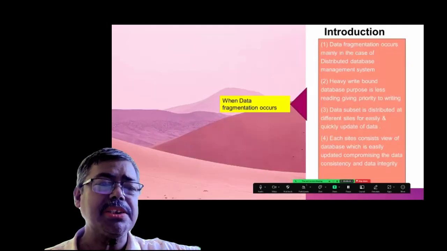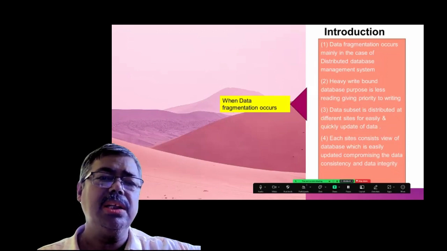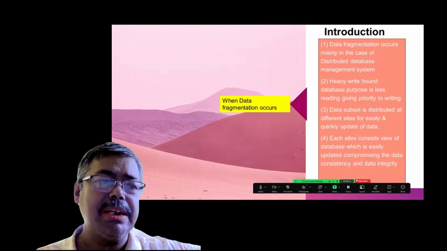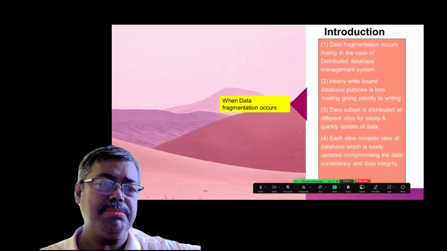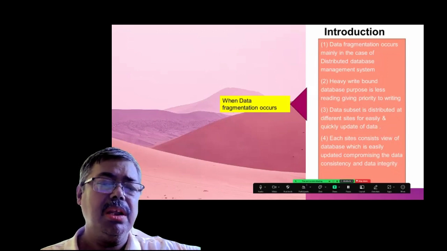Data fragmentation occurs mainly in distributed database management systems. It can also occur standalone, but it mainly works in a distributed database management system.